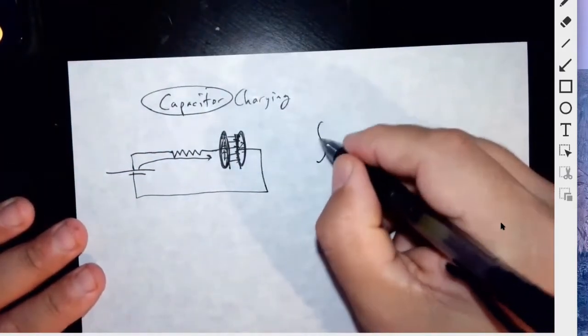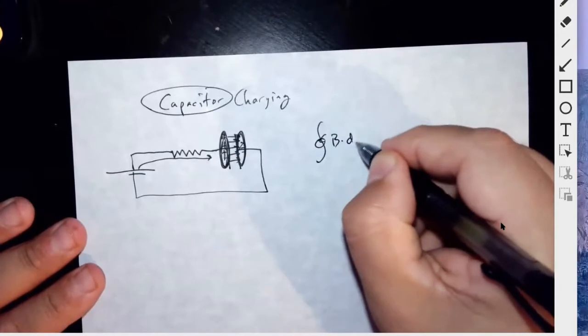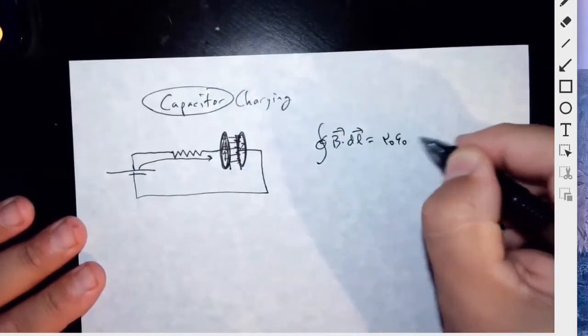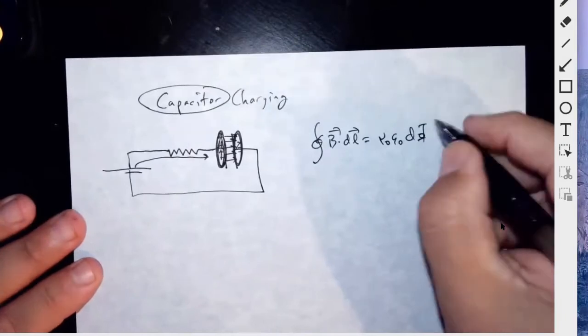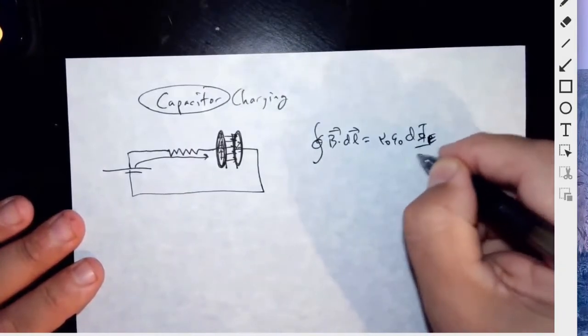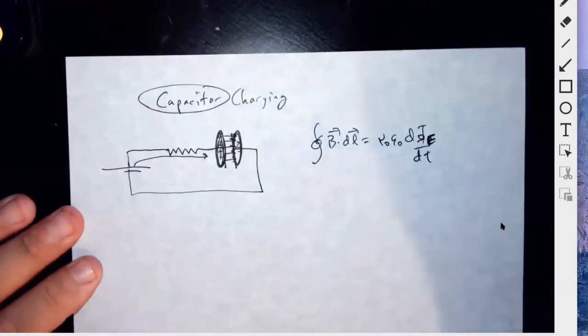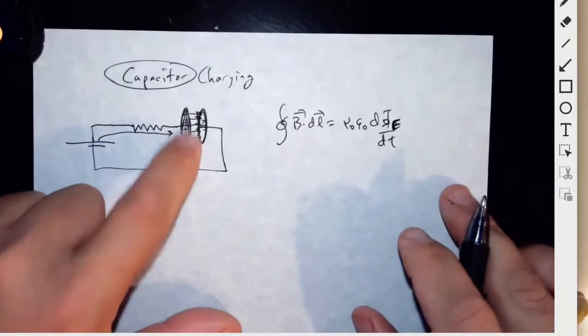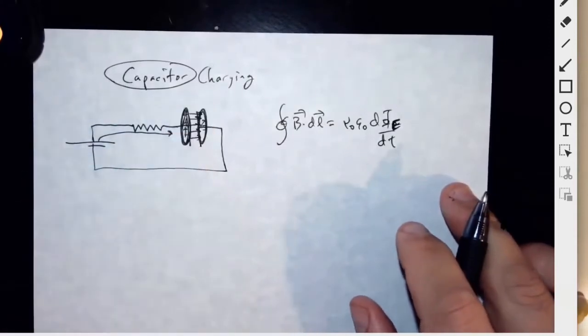So you have B dotted into dL equals mu 0 epsilon 0 d phi E dt. Here, there is no I enclosed. There is no conduction current.